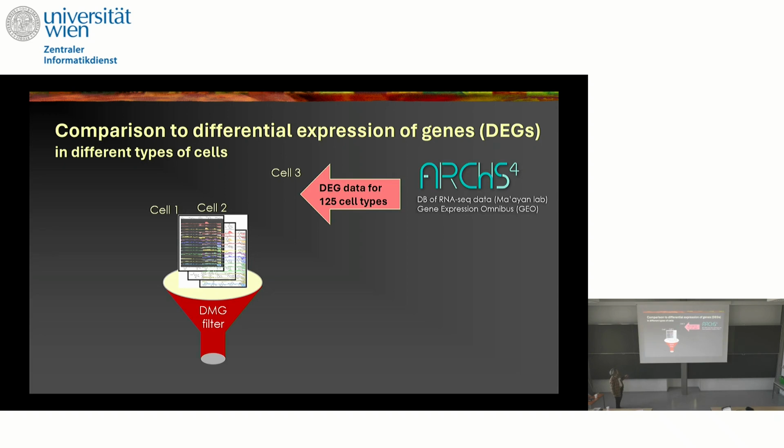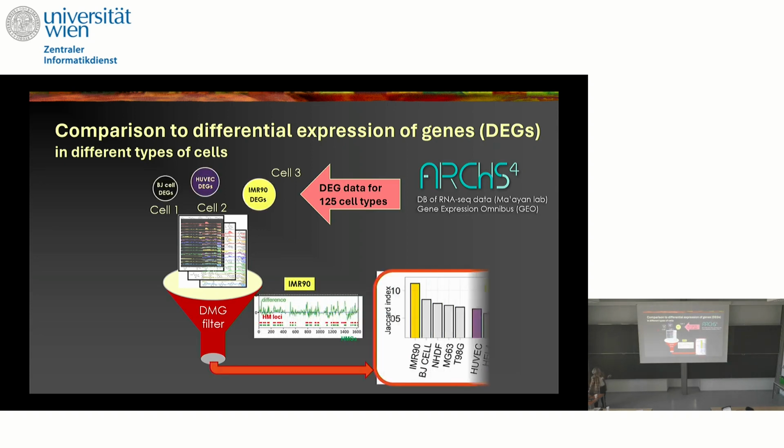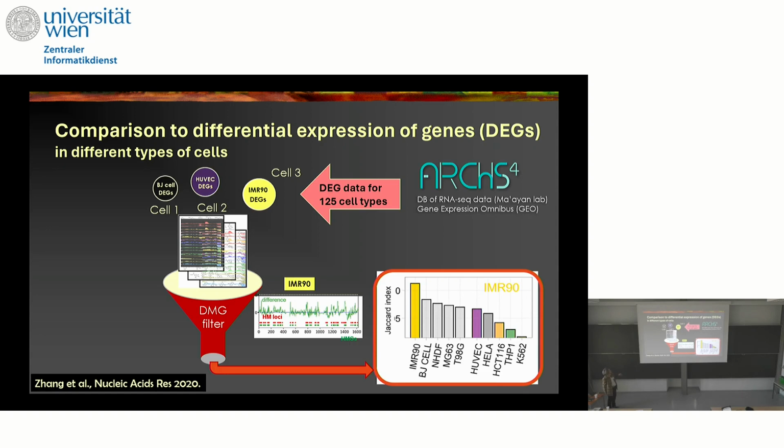We have this database that we can use for data for 125 different cell types. We consider these 125 different cell types, and we use their known DEG expression profiles and compare with the mobility profile of one of them.